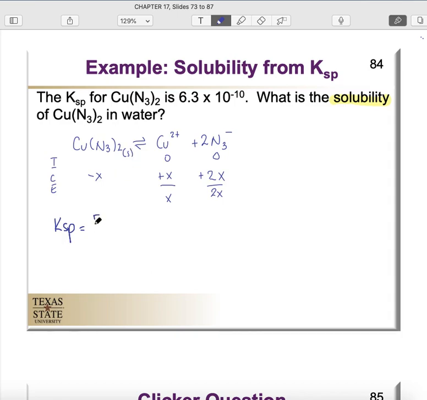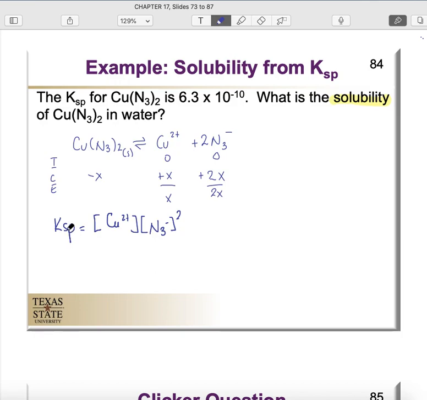So I'm just going to put the concentration of the copper ions times the concentration of that A side ions to the power of 2. That 2 is from the coefficient for that A side. We are going to omit the reactant because it is a solid.